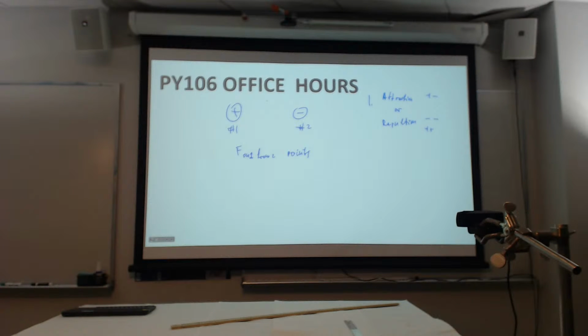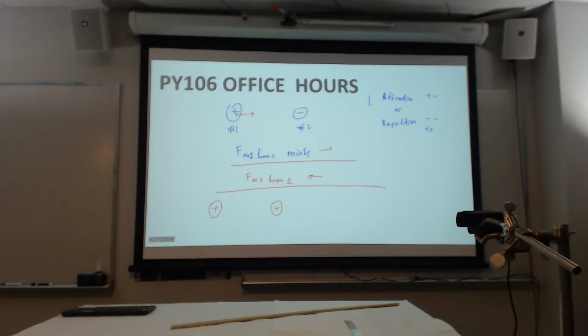So what is the direction of the force acting on the charge number 1 from the charge number 2? To the right. Now, what is the direction of the force acting on the charge number 2 from the charge number 1? Left.